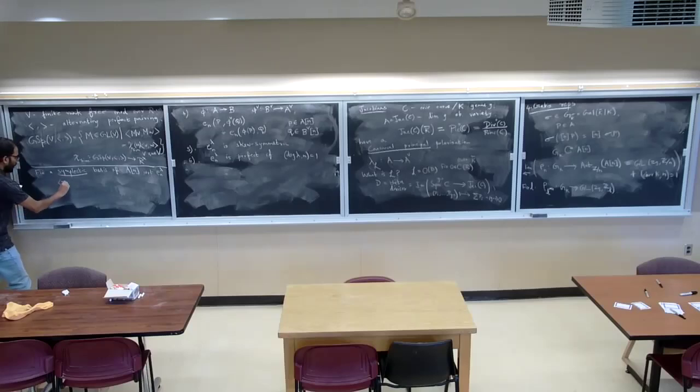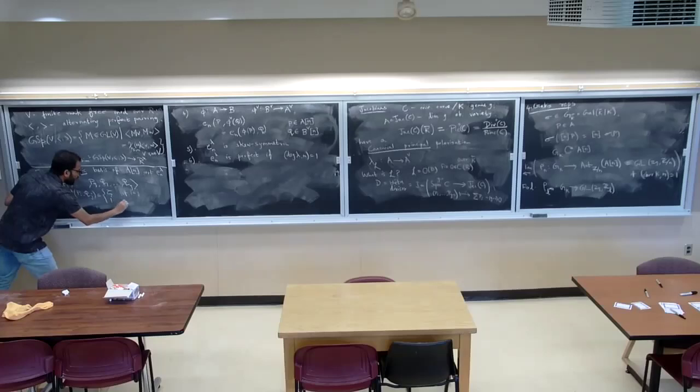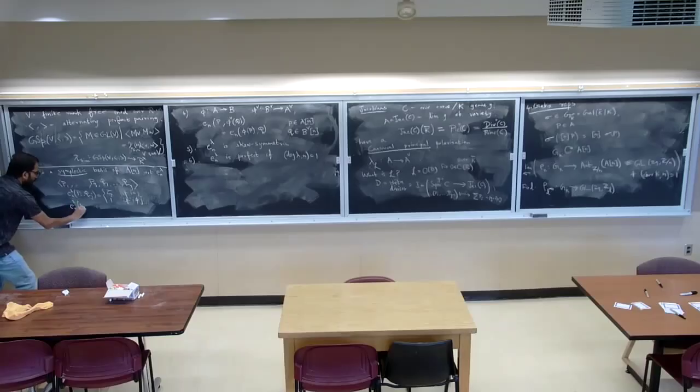This is a 2g-dimensional thing, so I'm going to have 2g points P_i and Q_j such that P_i and Q_j pair to give a fixed Nth root of unity zeta if i is equal to j, and 1 if i is not equal to j. And if you pair any P_i with P_j or Q_i with Q_j, you always get 1.